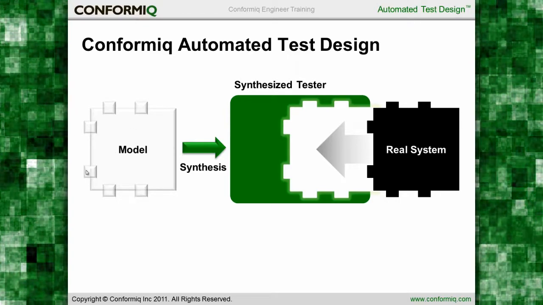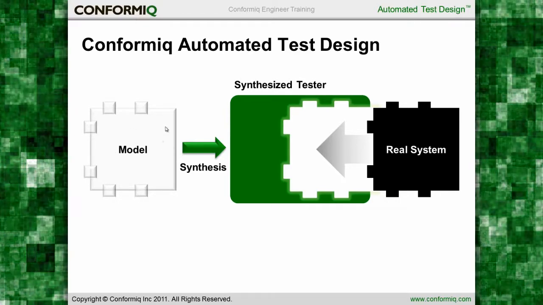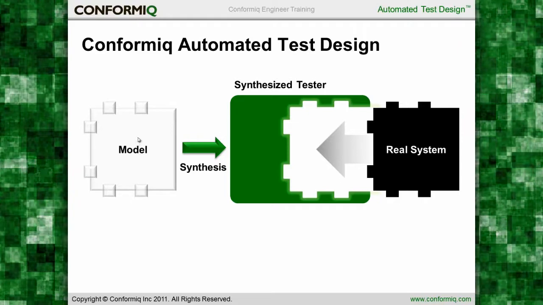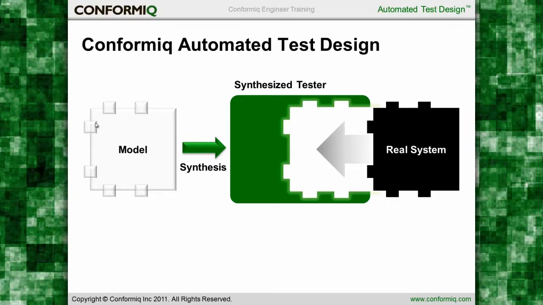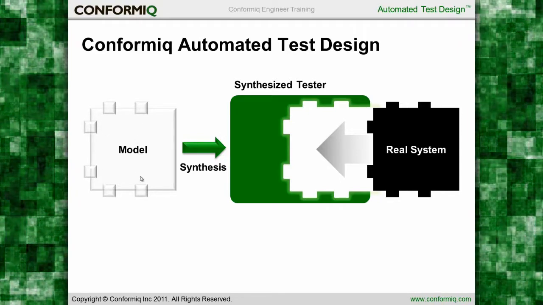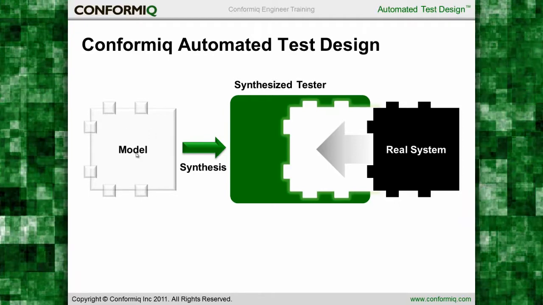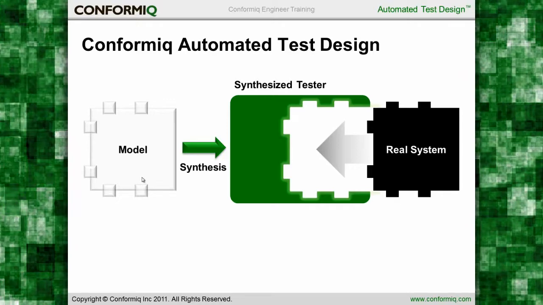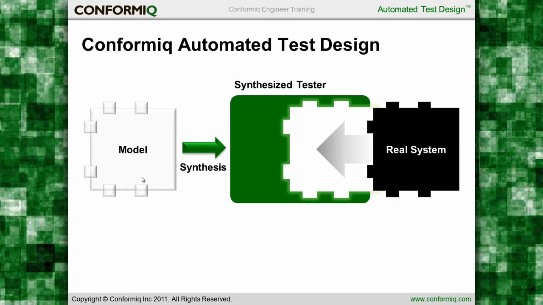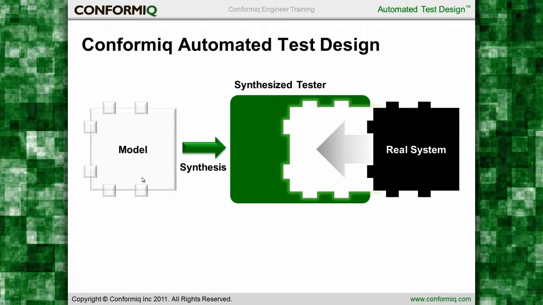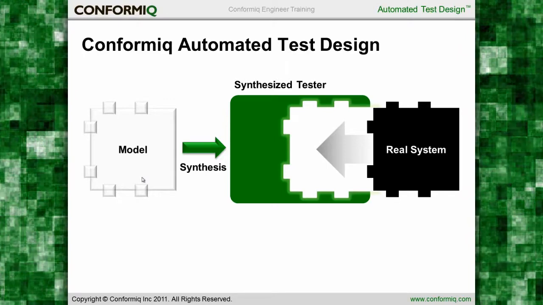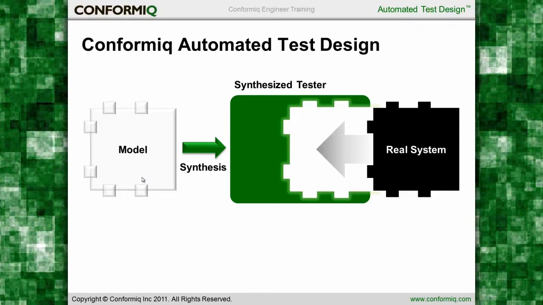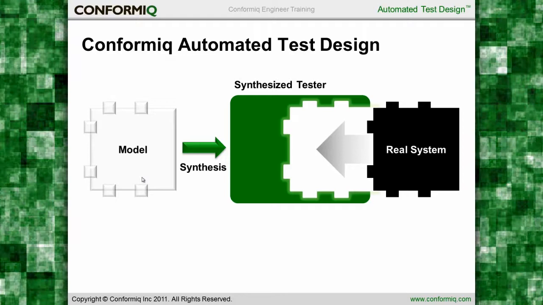That's why it basically has here the same shape and form as the real system, and it has the same kind of interfaces as the real system. And then in the model, with respect to these external interfaces of the system under test, you describe the functionalities of the system. You take the specification and you rewrite it in a language that Conformiq Designer understands.